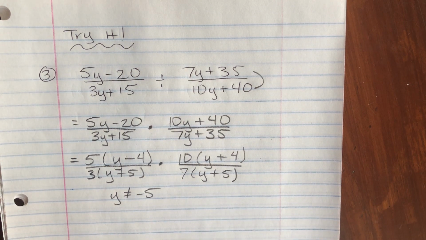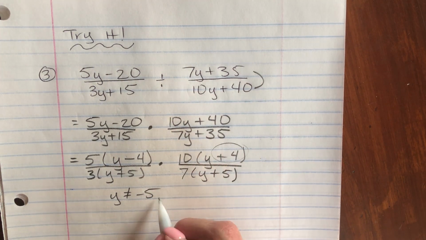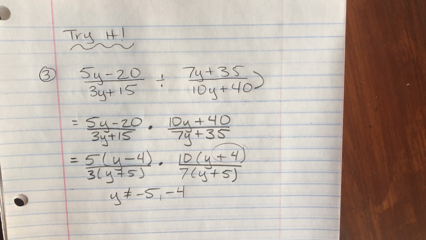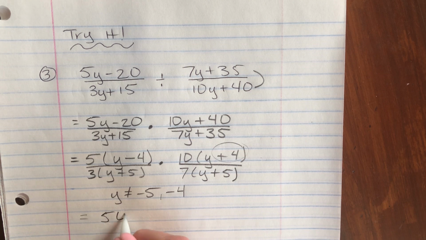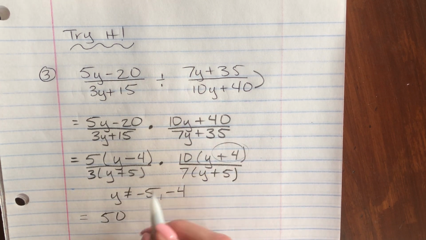y cannot be -5 or -4 here. And now, since nothing can cancel, I guess we're just gonna have to multiply straight across. So that's 50. 5 times 10 is 50.